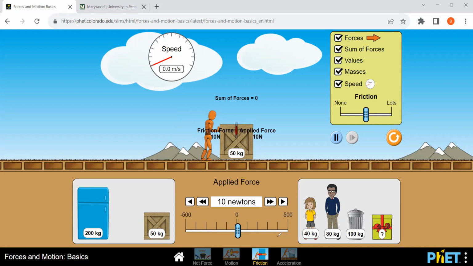But last time you saw that it was moving. The same box, same robot, but now we have friction, so because of the friction it's not moving. The robot applied 10 Newton of force, but this time this force is balanced by something.